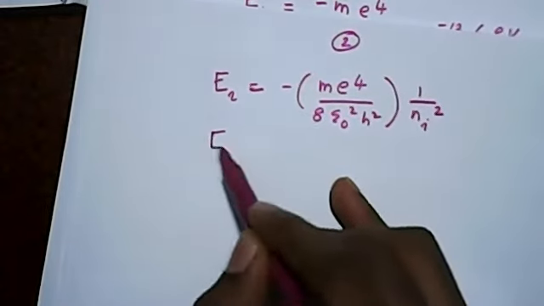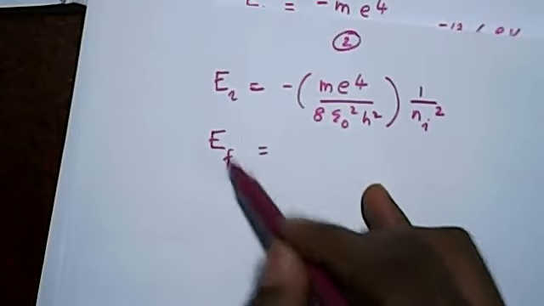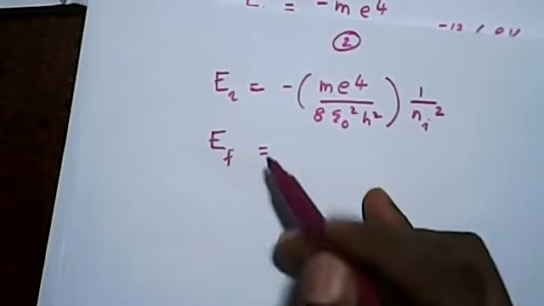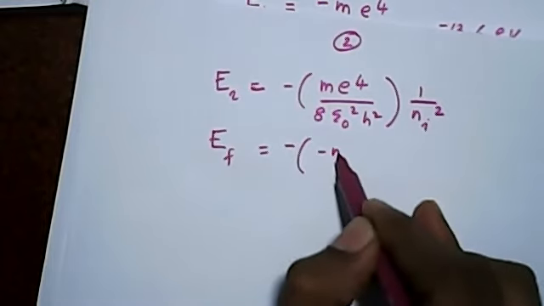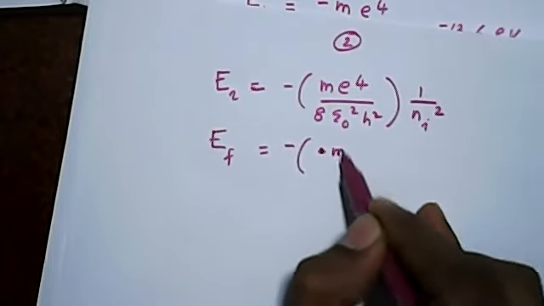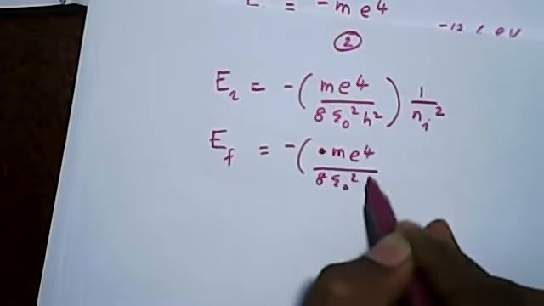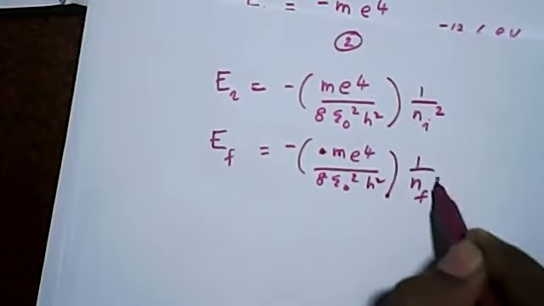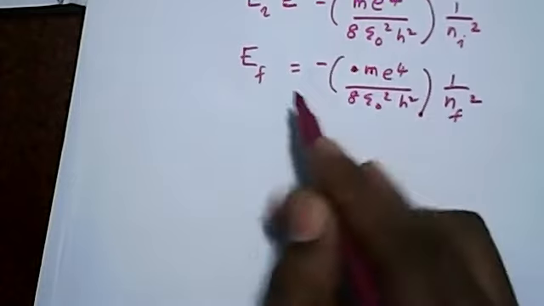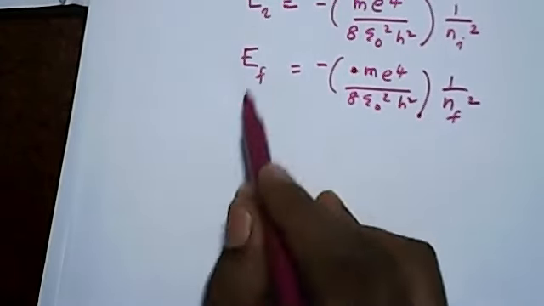Similarly, E_f, the lower state (this is the higher state, this is the lower state), equal to again minus m e to the power of 4 by 8 epsilon 0 square h square, 1 by n_f square.